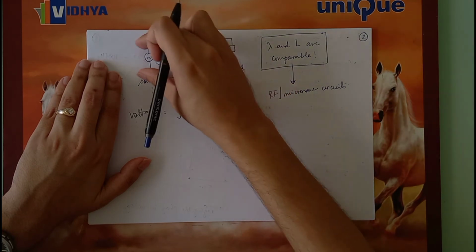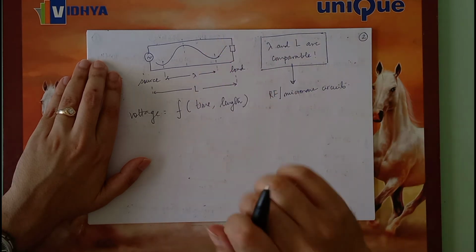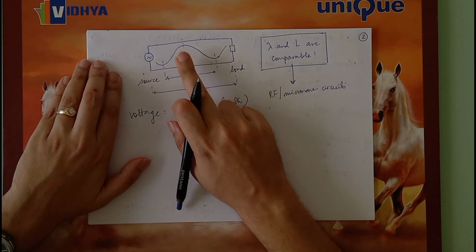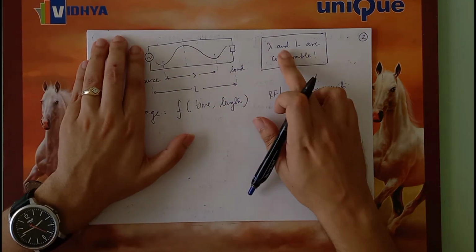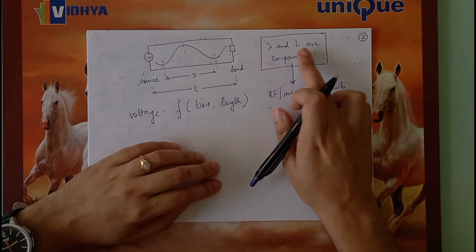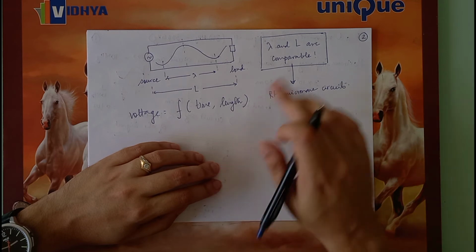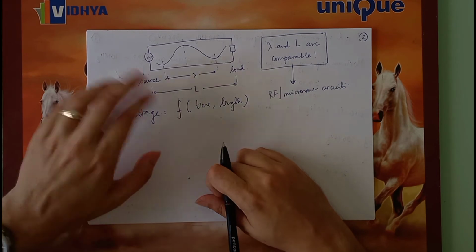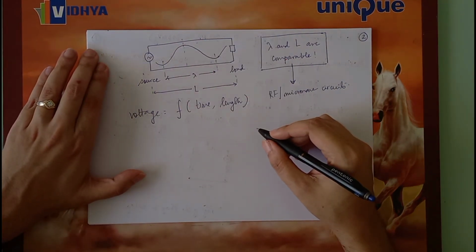So in this simple connection that involves nothing else but just a pair of wires, what was the underlying assumption? The underlying assumption is that the wavelength and the length are comparable. Lambda and L are comparable to each other. So therefore, this pair of conductors is now called a transmission line.